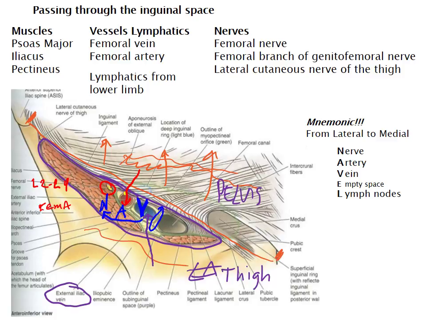This is an empty space. We'll call that the E. And then over here are lymphatics. So we call that L. So we have navel, again, from lateral to medial.